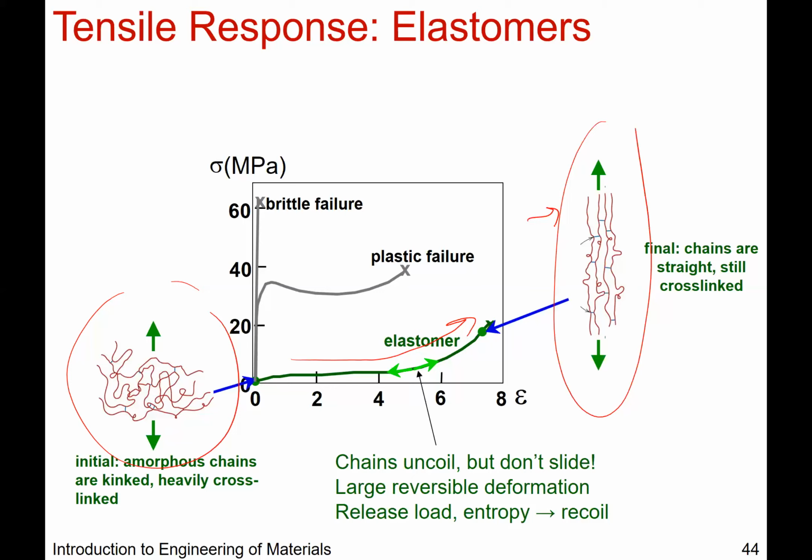So we elastically deform them, hence elastomers, to some ridiculously high amount of strain and still get back the structure that we had in the initial state. Okay, so that's why rubber bands act the way they do. If you applied and measured the tensile strength of a rubber band, it would look something like this.